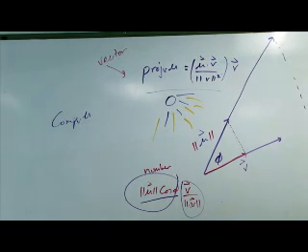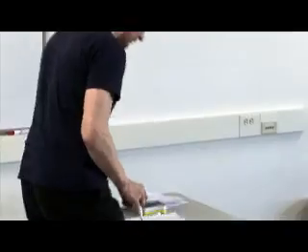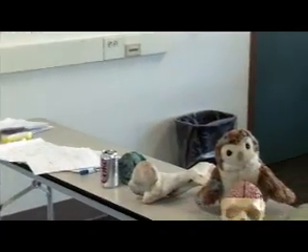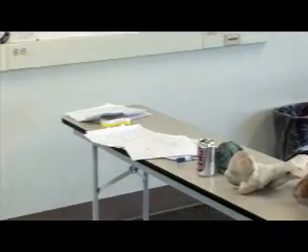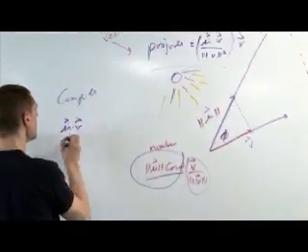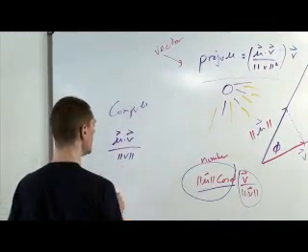I'm not following my notes again, as usual. Okay, so the component of u on v is given by u dot v over the norm of v.